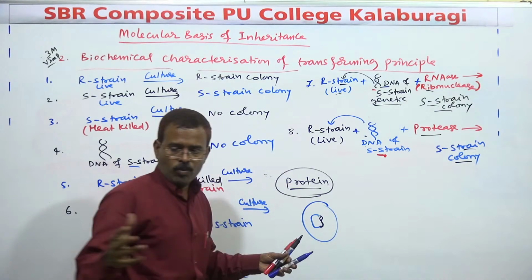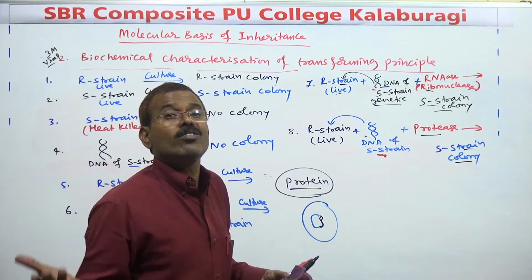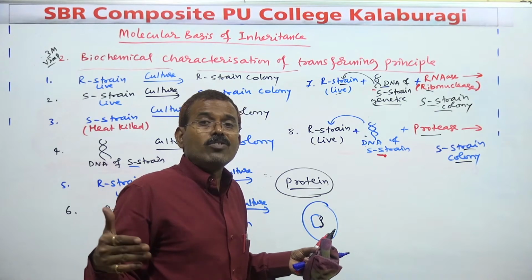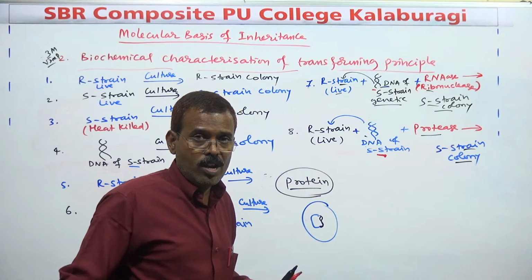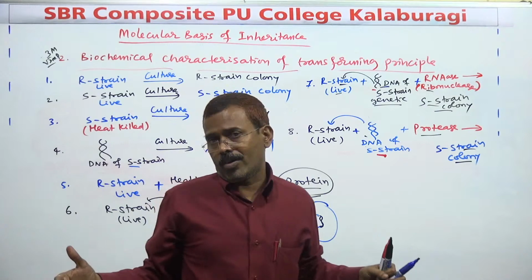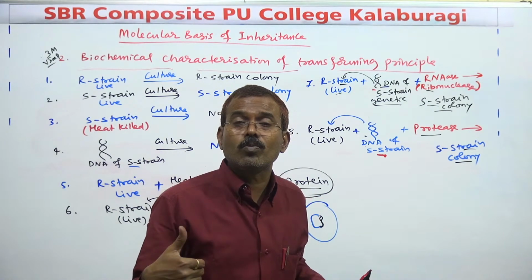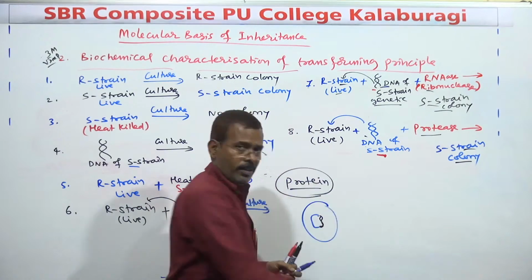So next, finally, they used even lipase at that time. There was a possibility that even lipids can be the transforming principle, can be genetic material. Remember, prior to the Avery, MacLeod and McCarty experiment, it was believed that protein can act as genetic material.